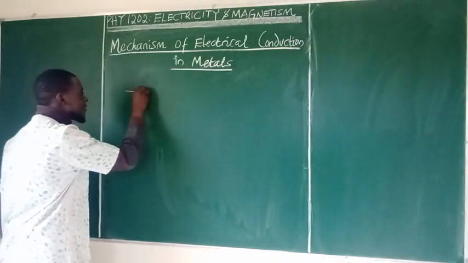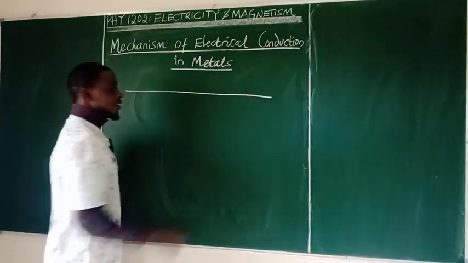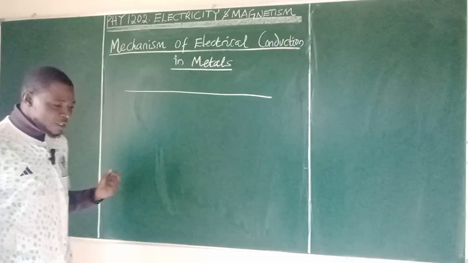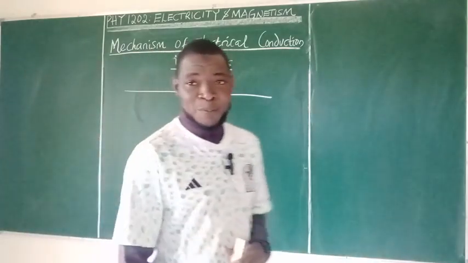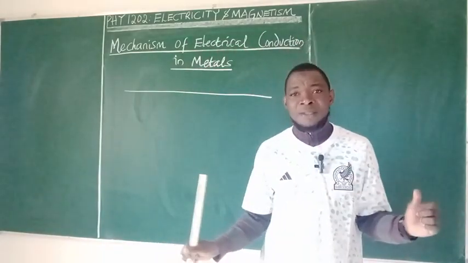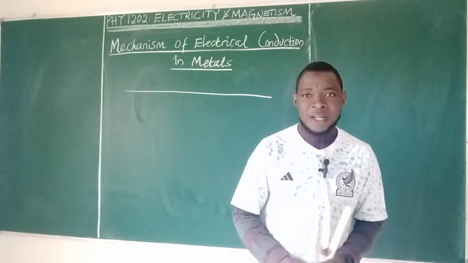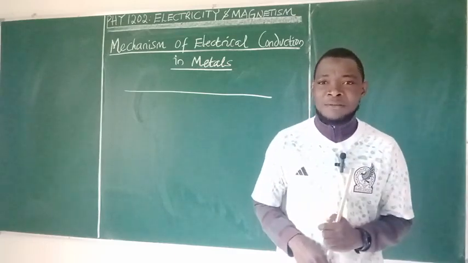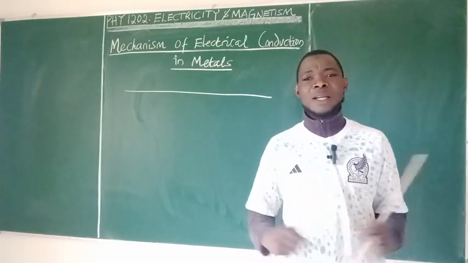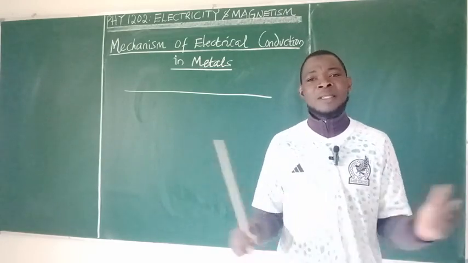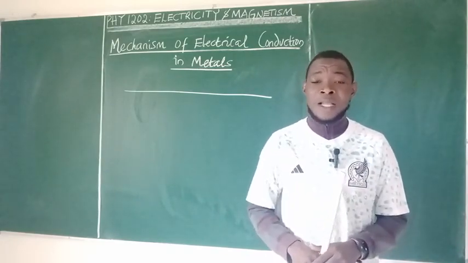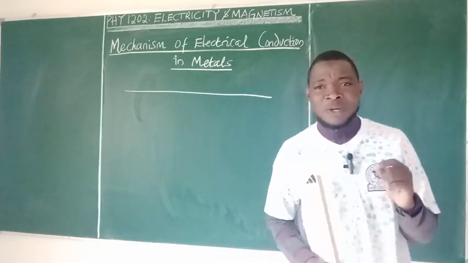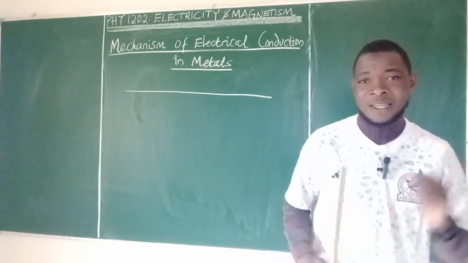Suppose you have a conducting wire. Let's say this is a conductor. I'm going to use copper as an example. In general, metals, apart from the metallic bond in which electrons participate in the bonding, do have what we call free electrons.